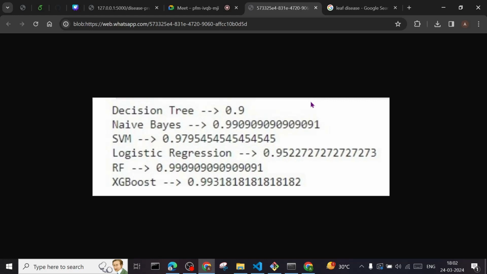Fourth, logistic regression, which has an accuracy of 0.95. Random forest, or RF, which has an accuracy of 0.9909. And lastly, XGBoost, which has an accuracy of 0.993. We have chosen RF as the best algorithm to use for this model.